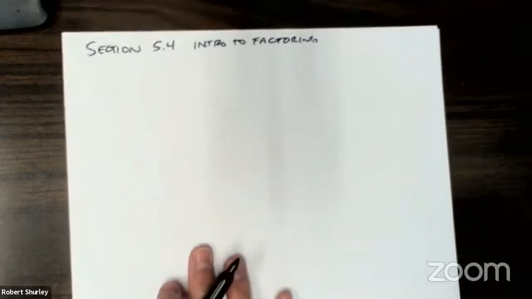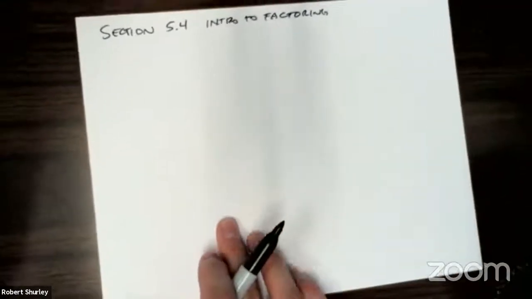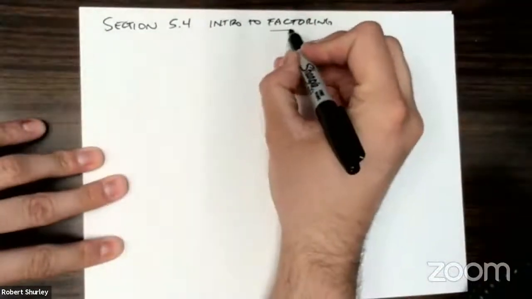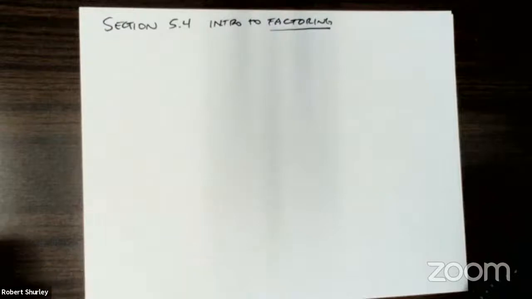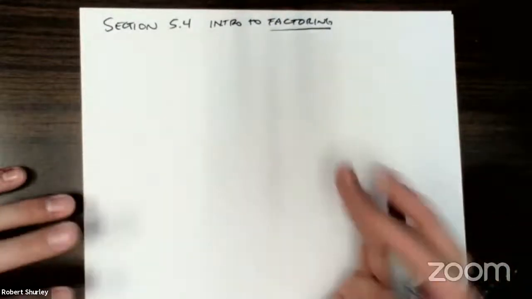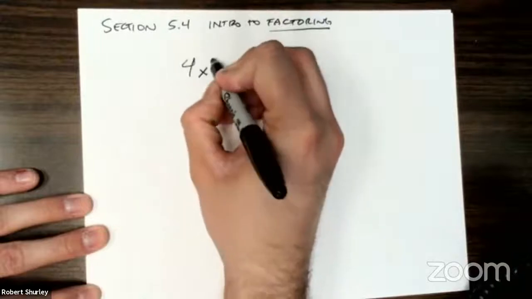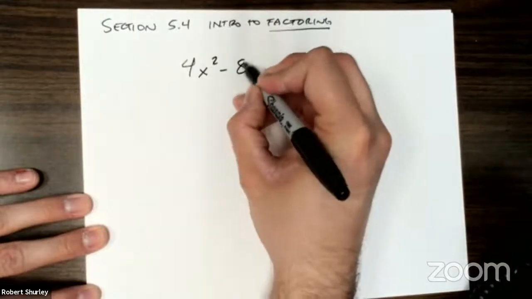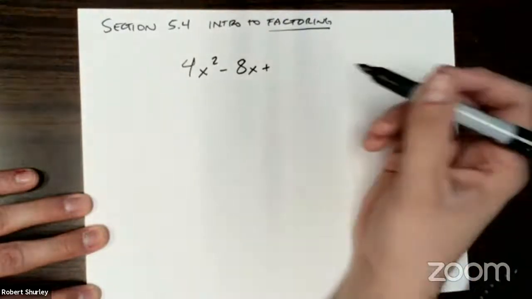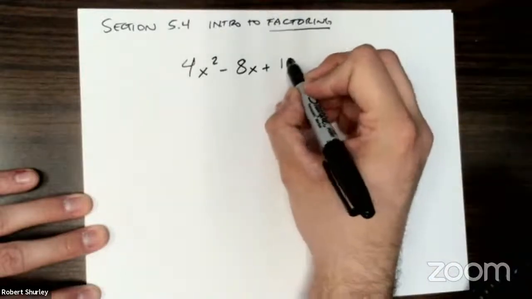Look, the greatest common factor between a polynomial or factoring out a polynomial should be the first step when you're factoring. Identifying the greatest common factor really is the first step when you're factoring. So if we looked at something very basic, if we had like 4x squared minus 8x plus, let's say, 10.